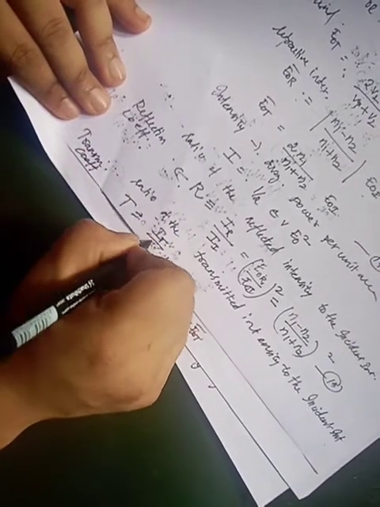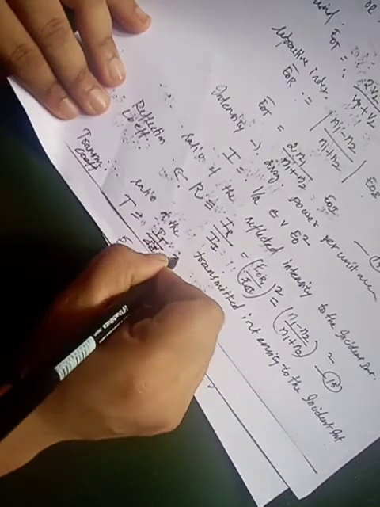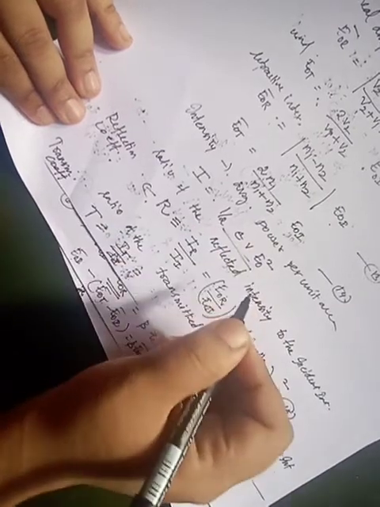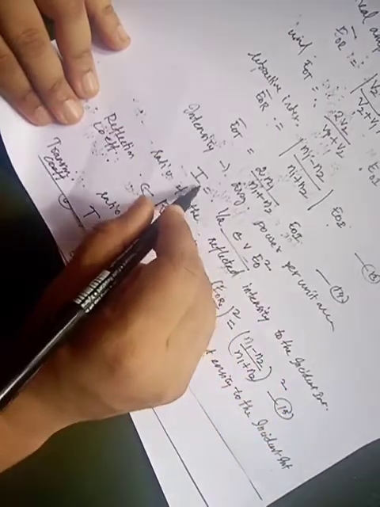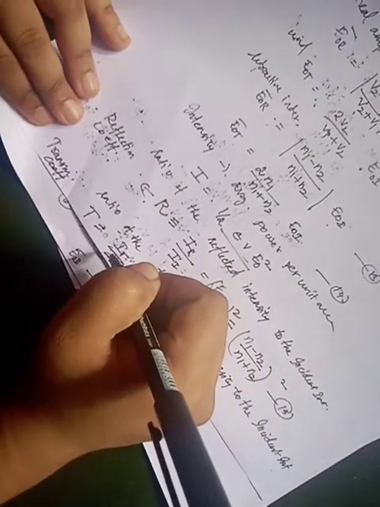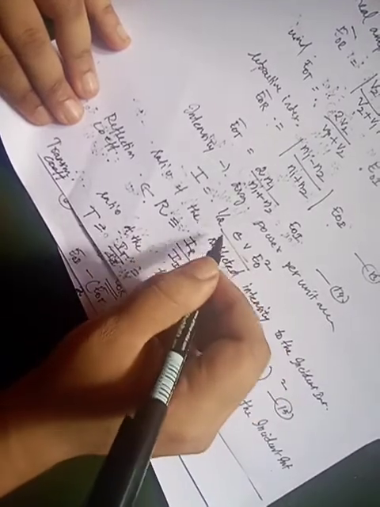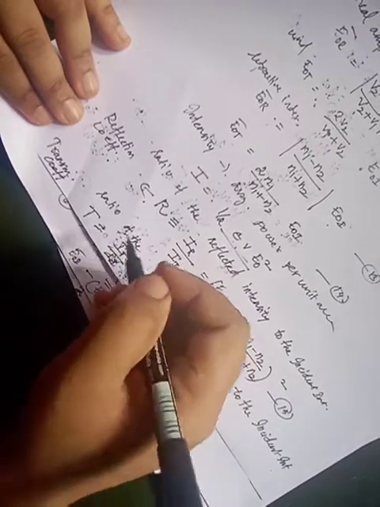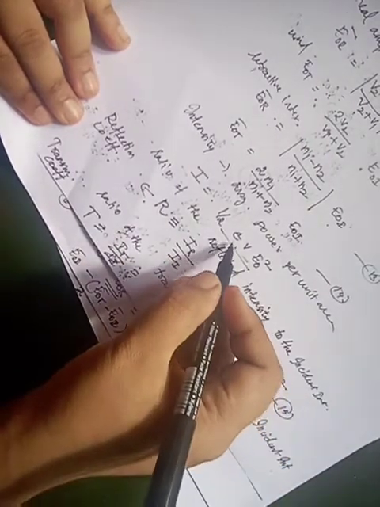So this IT by II we can write from this equation, that is transmitted intensity by incident intensity. Here the permittivities and the velocity are different, since in medium 1 we have the incident intensity and in medium 2 we have the transmitted intensity.